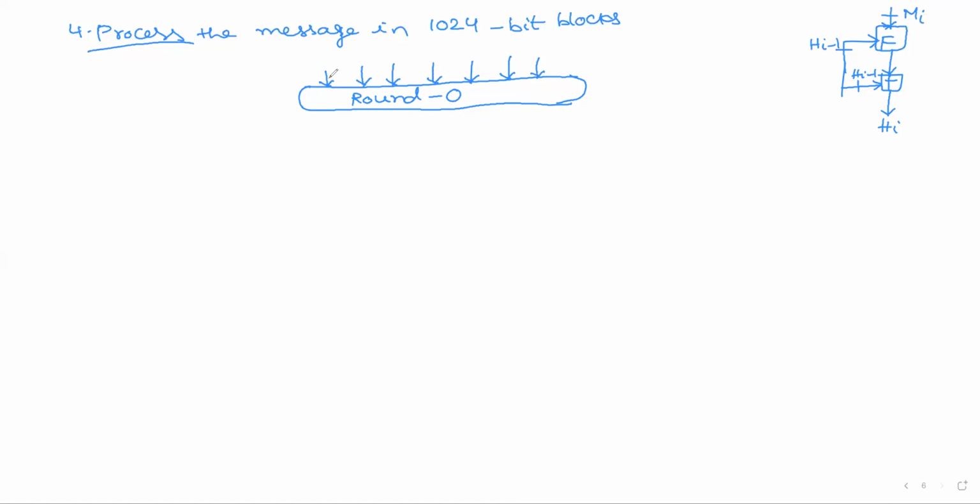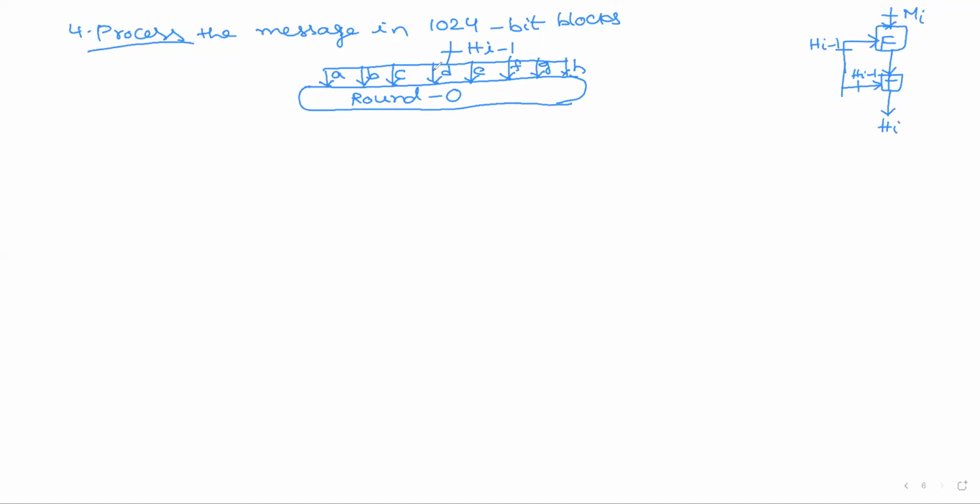So here we are having A, B, C, D, E, F, G, H. I'm taking all these as buffers. These are for Hi minus 1, or H naught for example.